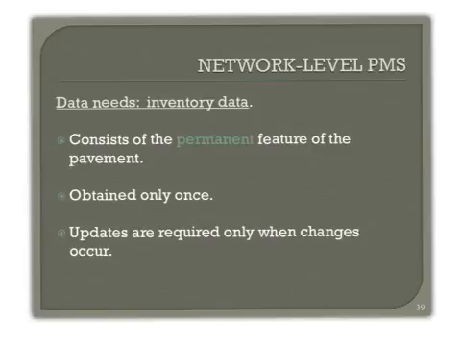Sometimes this includes the width of the street, how many lanes we have, whether we have medians or not, whether we have shoulders or not, some of the physical components that really don't change that frequently in the roadway. That's why it's really obtained once, because things like this don't change overnight.